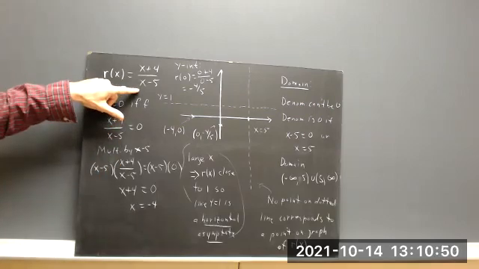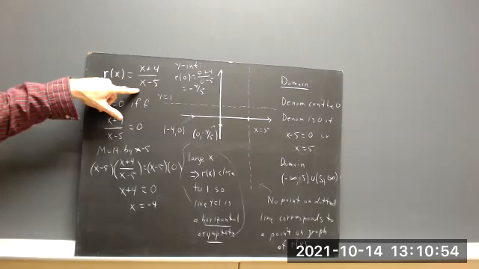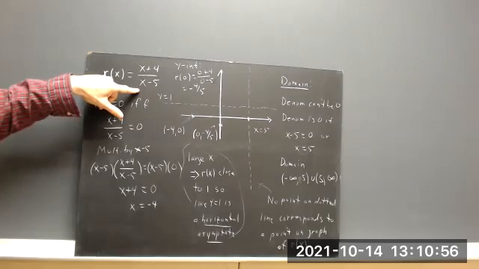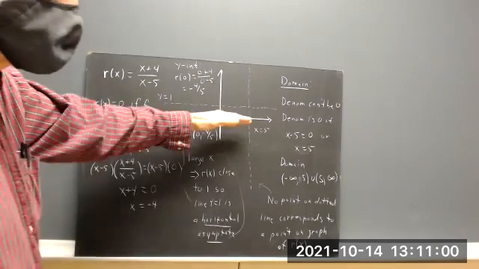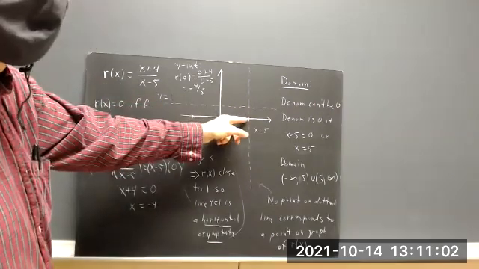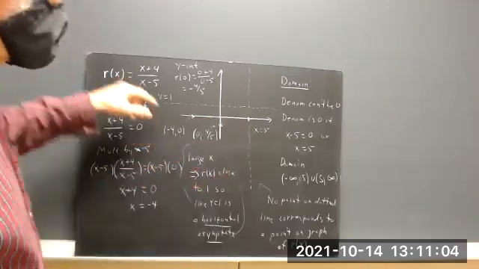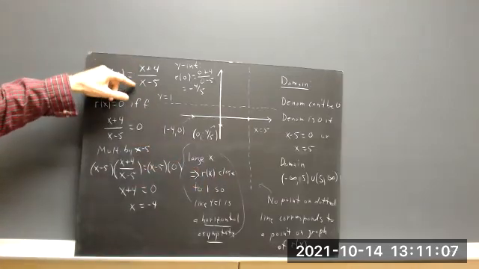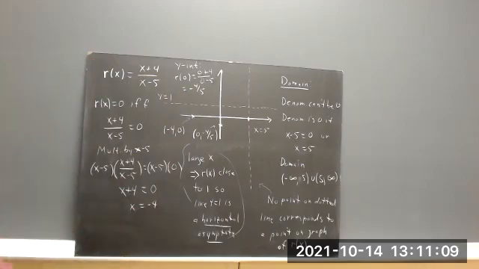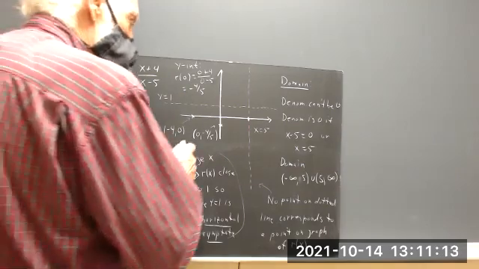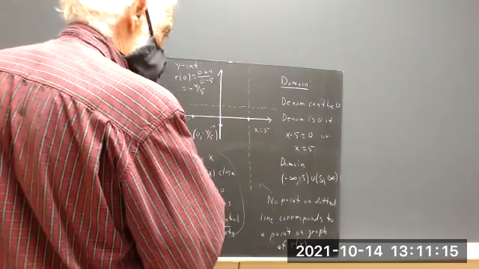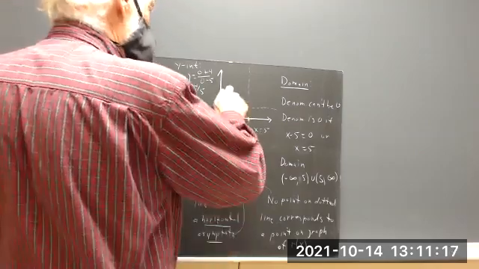As x approaches 5 from this side, where all the numbers are less than 5, this fraction is going to approach negative infinity. So I can write it up here.